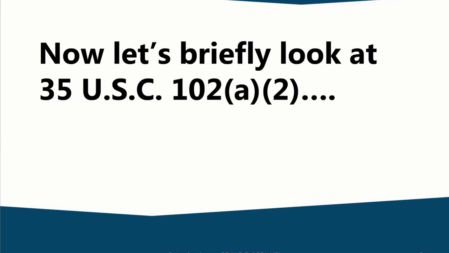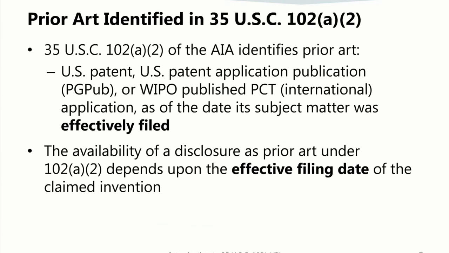Let's now briefly look at 35 U.S.C. 102(a)(2). Under AIA 102(a)(2), prior art is defined as a U.S. patent, a U.S. patent application publication, PGPub, or an international WIPO published PCT application.